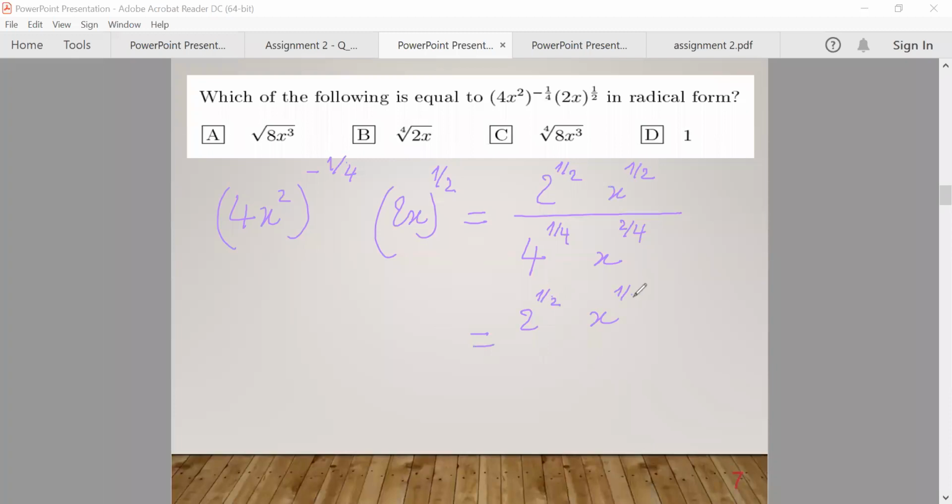We simplify the denominator: 4 is 2 squared, so 2 squared to the 1 over 4, times x to the 2 over 4, which means x to the half. So we have x to the half, exactly the same exponent on top and bottom, so we can simplify. What remains is 2 to the half. Here 2 squared, all to the half, we multiply: 2 to the half over 2 to the half is 1.